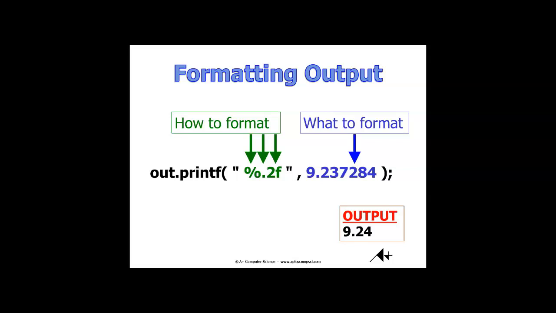F means decimal number. I want to format the following decimal number to 2 decimal places. So it formats 9.237284 into 9.24. The reason it's 9.24 instead of 9.23 is because of the 7 after the 3; in terms of how the rounding works with printf, it bumps it up to 9.24. But you get the idea.